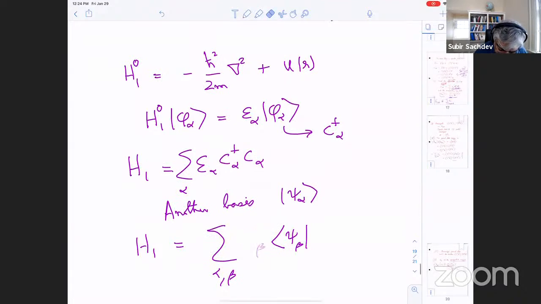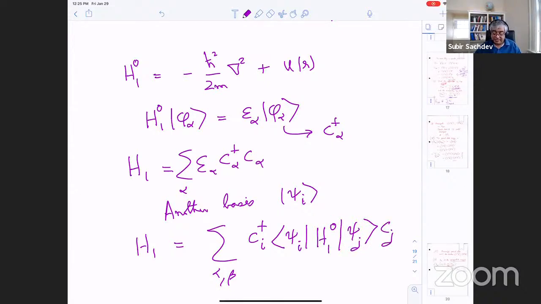Let me use a different index to make it clear. This is some other basis, psi i, and there are operators C i that create and annihilate in that basis. So H1 would be the sum over i and j of C dagger i, the matrix element of H1 0 between psi i and psi j, C j. If I had chosen some other basis, which is not an eigenbasis of H1, then I would also get a shift in the index of the creation and annihilation operators.